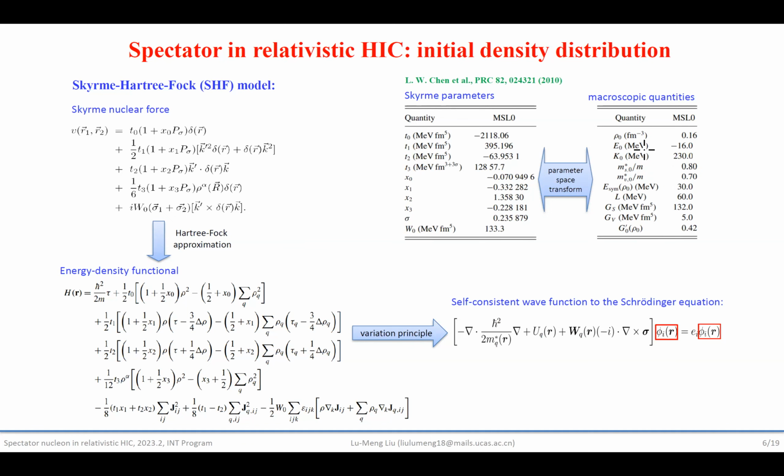There are also 10 macroscopic quantities, including the saturation density, the energy at the saturation density, the symmetry energy, and its slope parameter. So in this way, we can establish a relation between these two sets of parameters by making a parameter space transform.